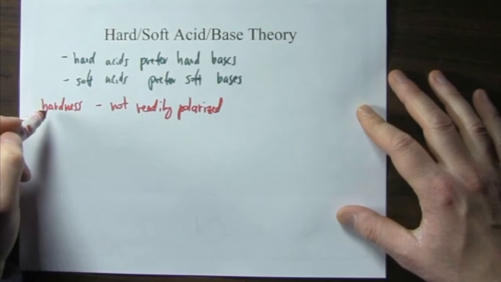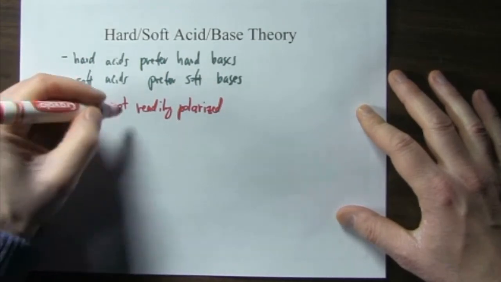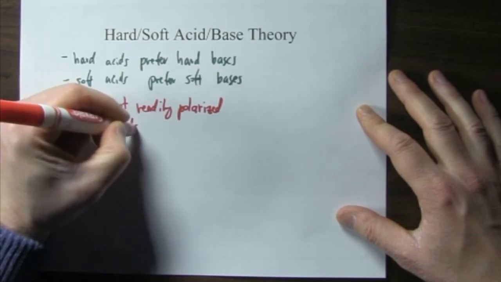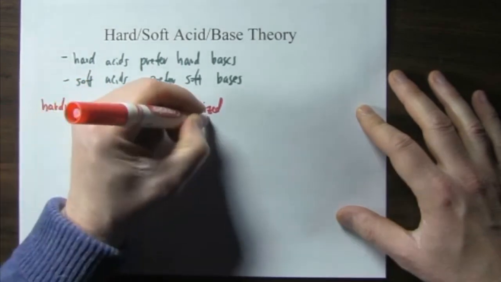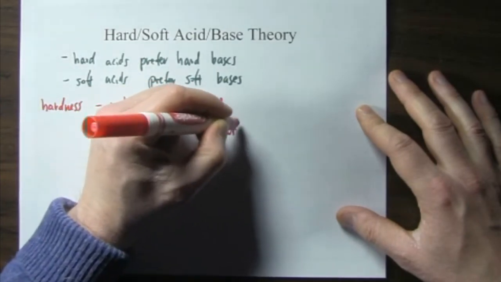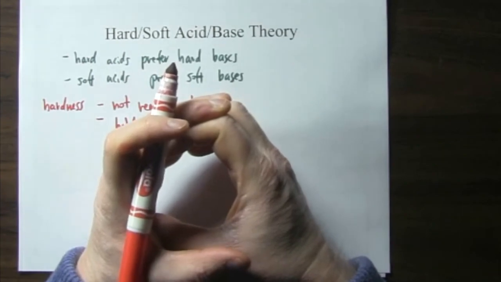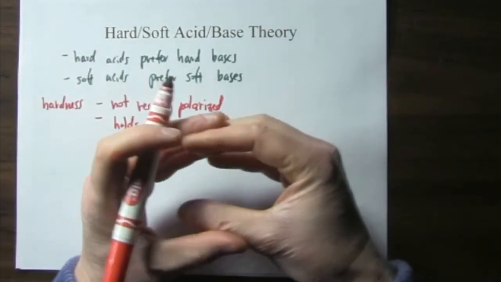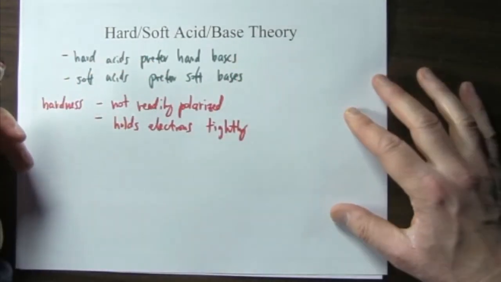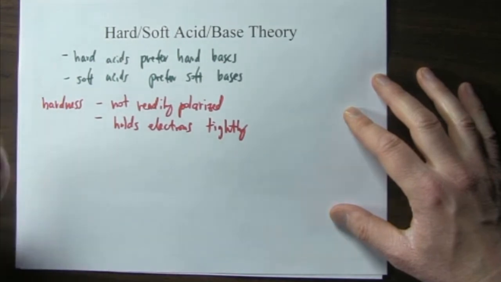So something that's hard would not readily be polarized. Another way to think about it is it holds its electrons tightly. So they're tightly bound to the ion or molecule, and so when you put it in an external field it doesn't change much.